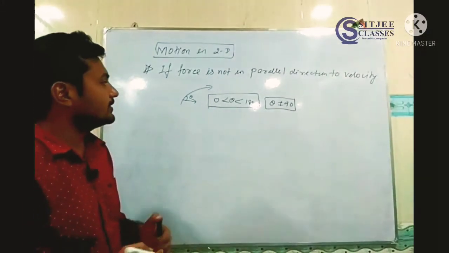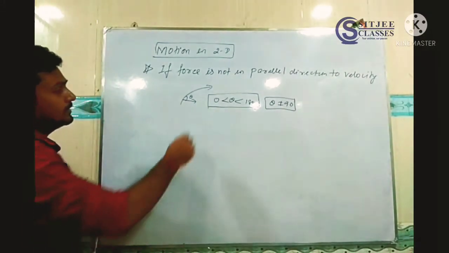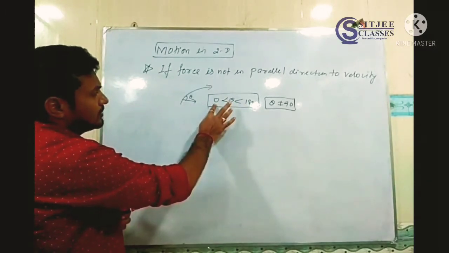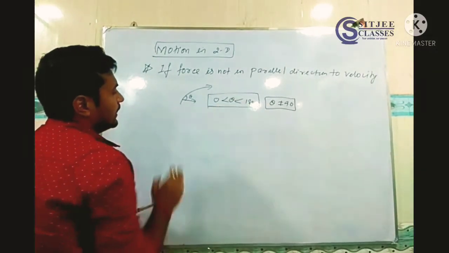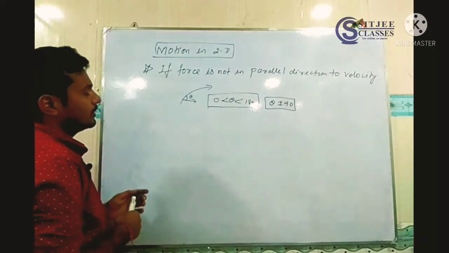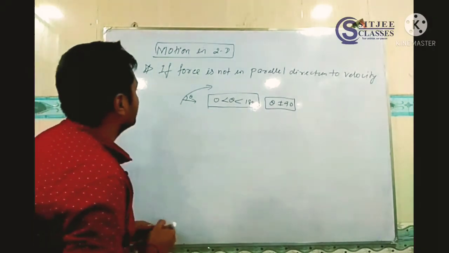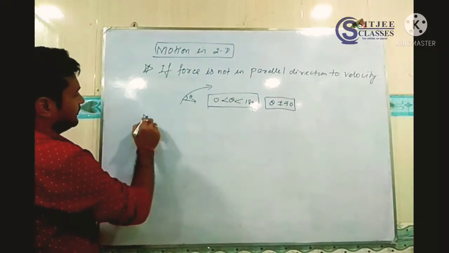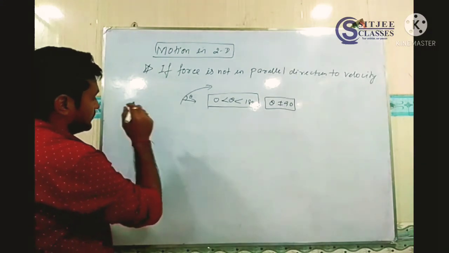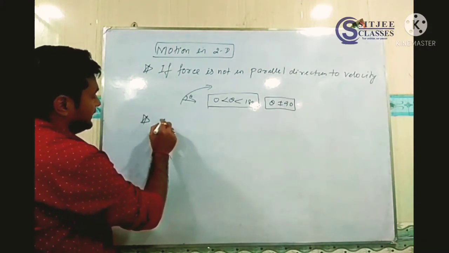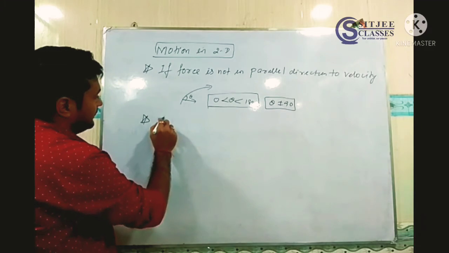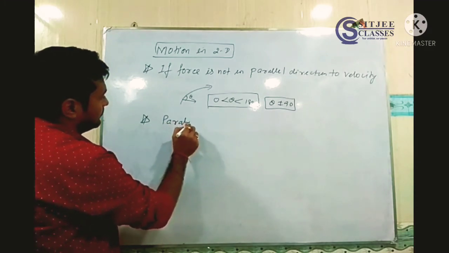What will be the use of it? Let us see. Here, theta is not 0 degree, neither 180 degree, and 90 degree also I have removed. So in these cases, what happens? The particle will have a constant force, and this leads to movement of the particle in a parabolic path.